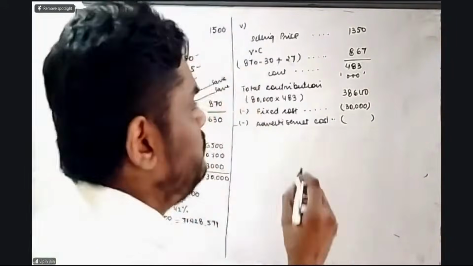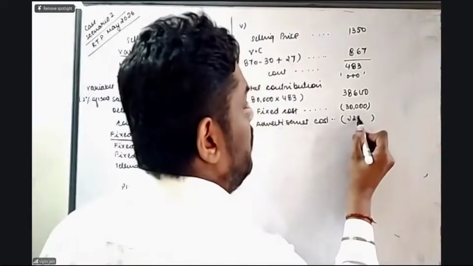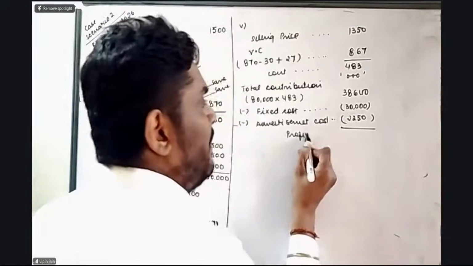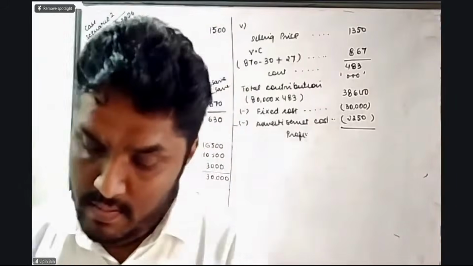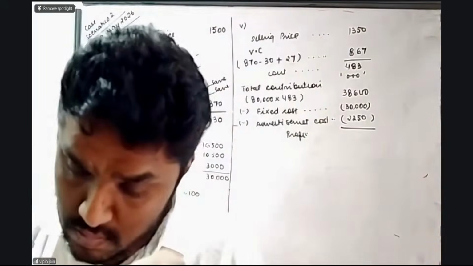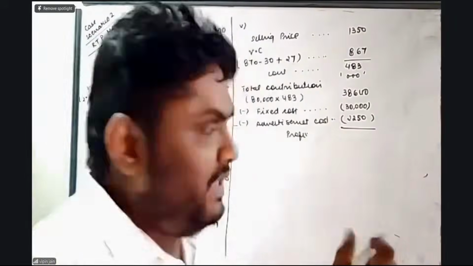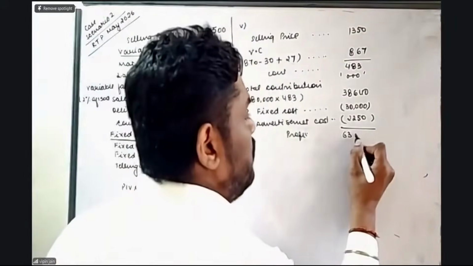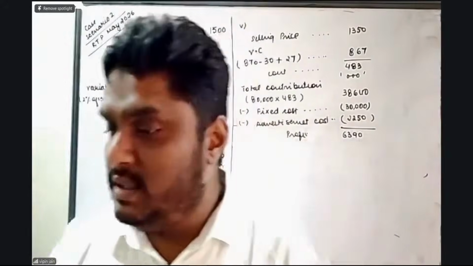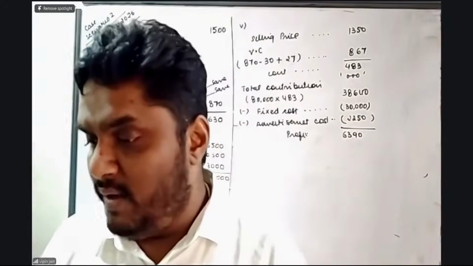In thousands, it will be 2250. So we will get the final profit, that is 6390. So 63,90,000. Just check the final answer.